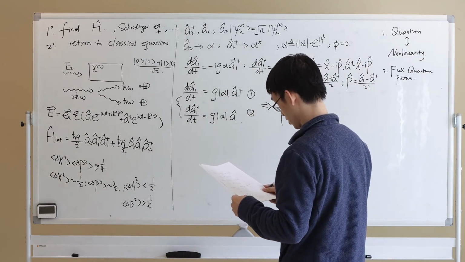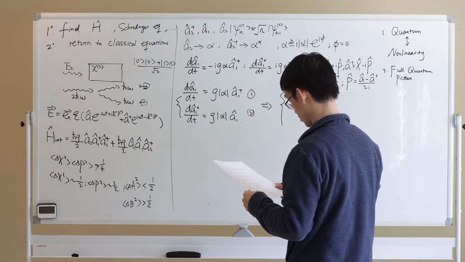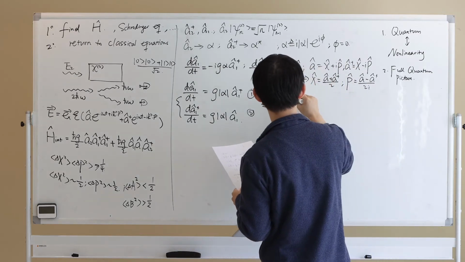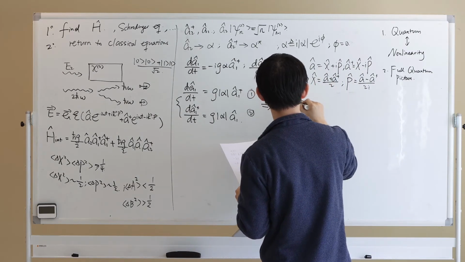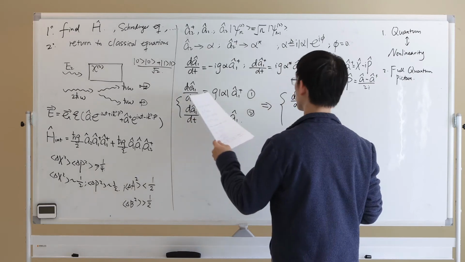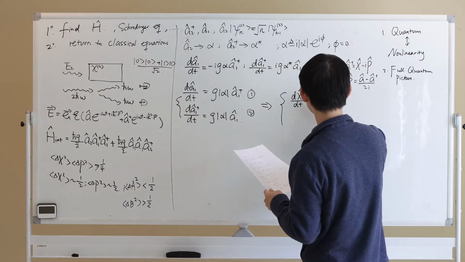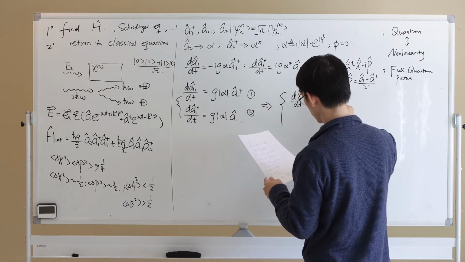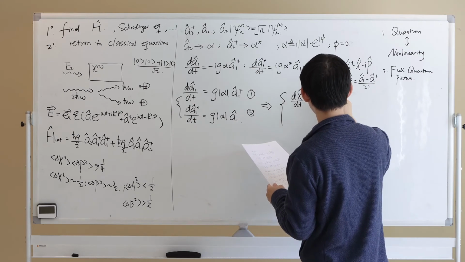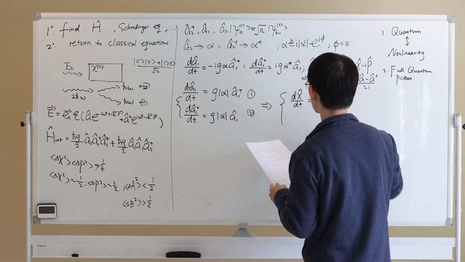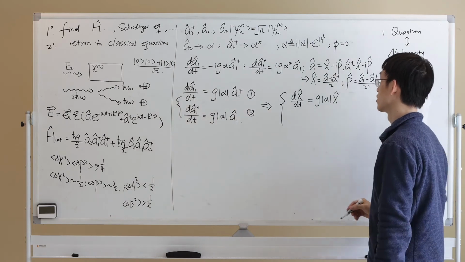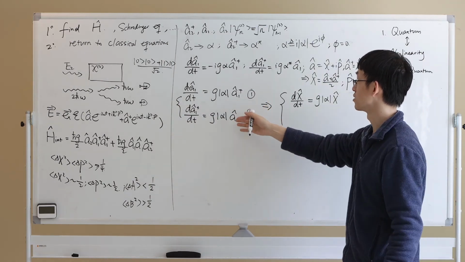So you get, let's see, I didn't write it down here, but dx/dt, right, plus together and divided by 2 equals g alpha x, right, because this side, added together, is also x.